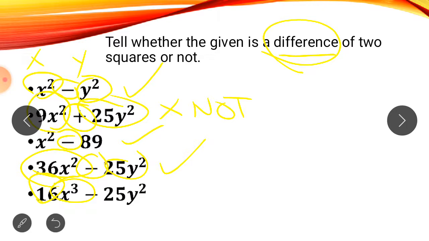So just like this one, since 3 is an odd number, we will not consider the last one as a difference of two squares. Even though the last term has a square root, 25 is 5, y squared is y, and it's a difference, the first term does not have a square root, so this is not a difference of two squares.